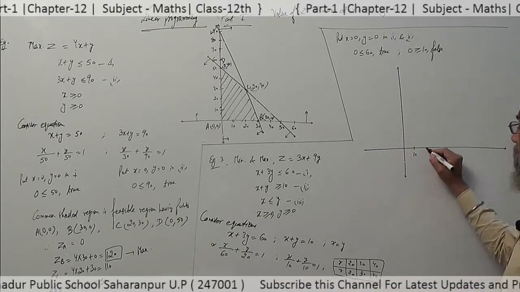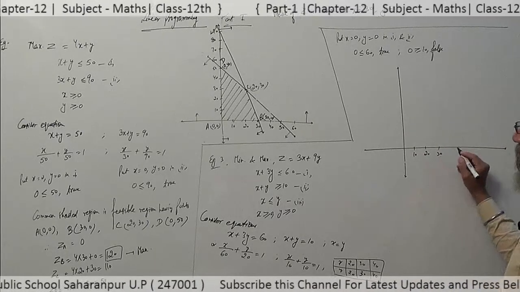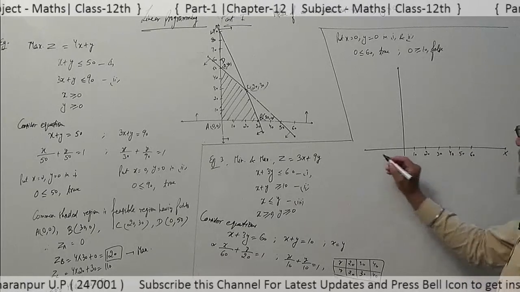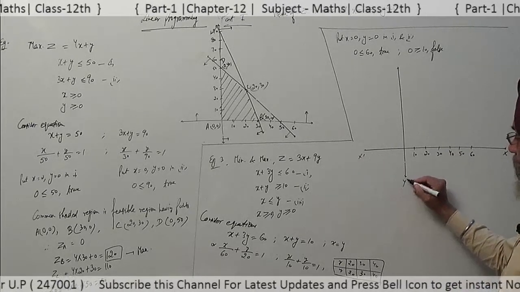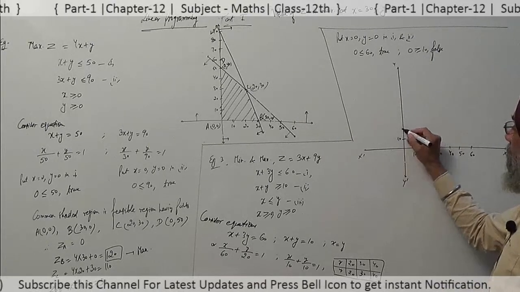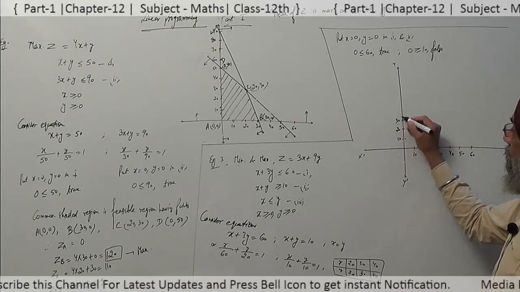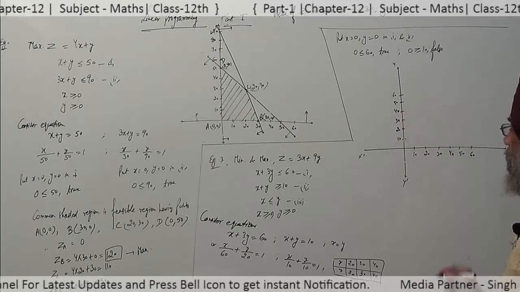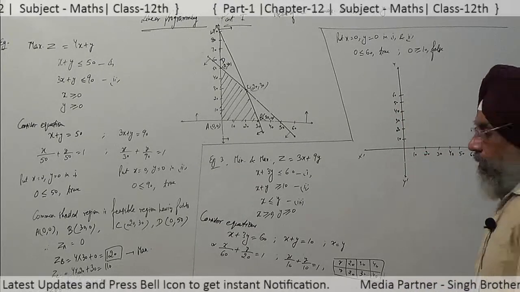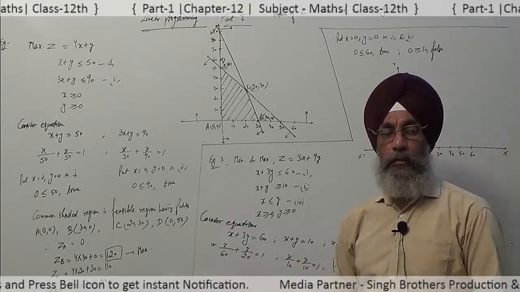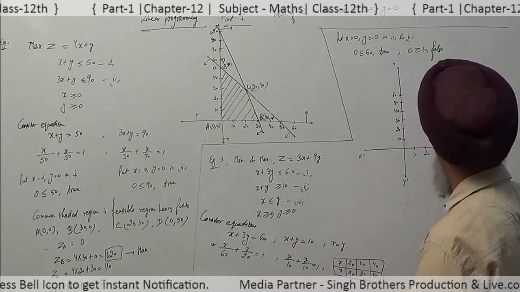Let us mark 10, 20, 30, 40, 50 and 60, positive side of x-axis, negative side of x-axis, y negative side and positive side, and so on. First of all, the intercept of x is 60 and that for y is 20 here, 60 and 20.